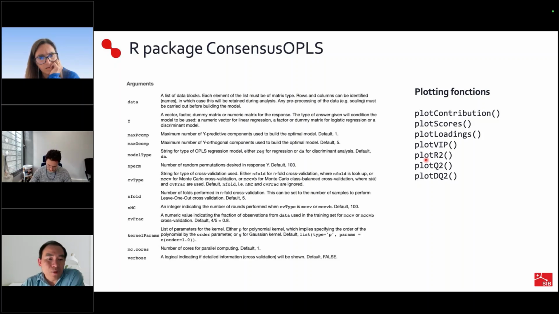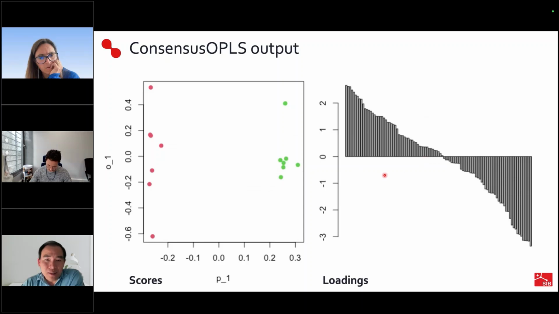For example, the two main pieces of information here are the scores and the loadings. In this model, we have a binary response between red and blue. The first component will try to best separate the variation between the two classes.